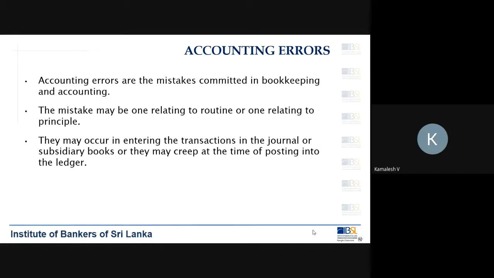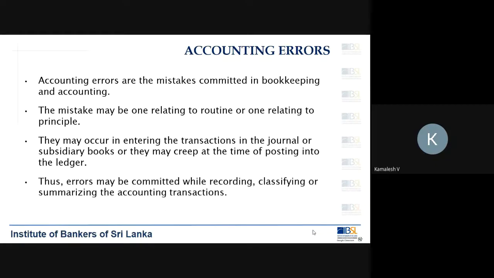I told you, the first thing is journalizing, where you will design the debits and the credits. The second step is where you will take those transactions and go and post them. That is the posting. So errors can happen at so many places: at the time of journalizing, at the time of entering transactions from the subsidiary books or prime entry books, or at the time of posting the transactions to the ledger.